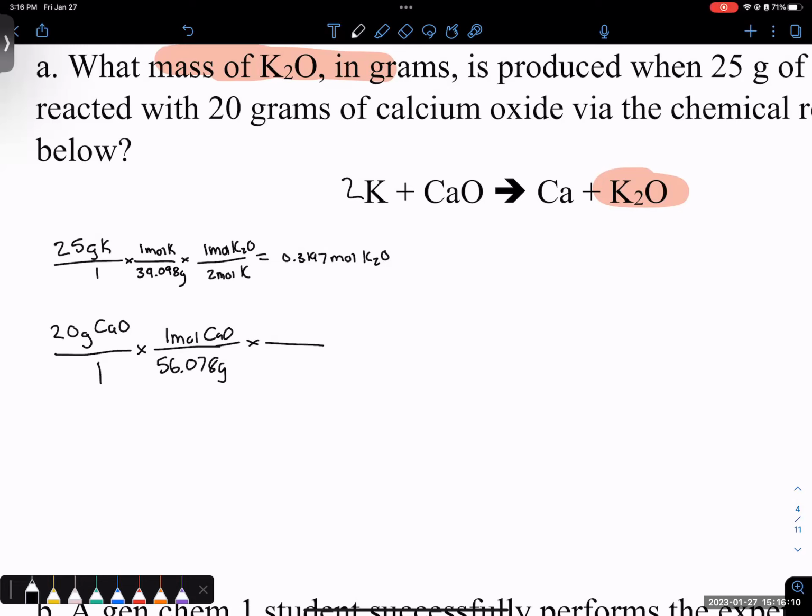This is a 1-to-1 ratio, so 1 mole of CaO produces 1 mole of potassium oxide. When you put this into your calculator, you should get 0.3566 moles of K2O.